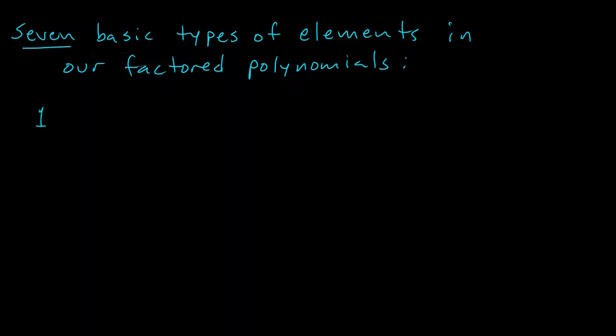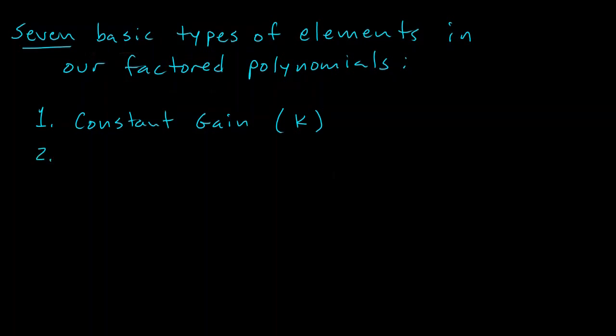Okay, so these are: 1, a constant gain, which we'll just call k. That's going to be the topic of the rest of this particular portion of our lecture series.